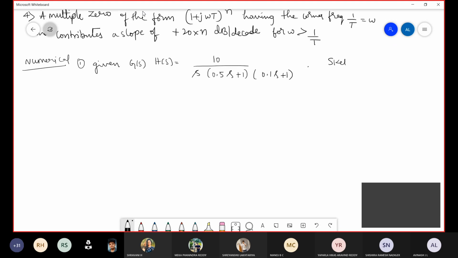For this, sketch Bode's magnitude and phase diagrams.